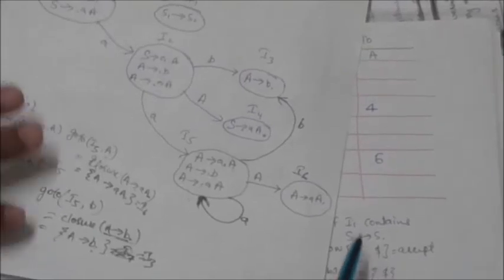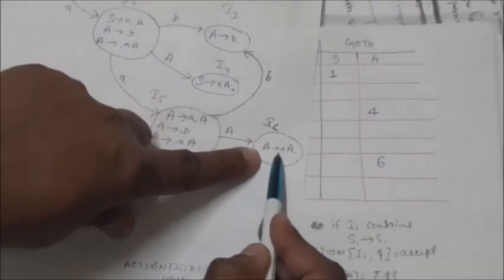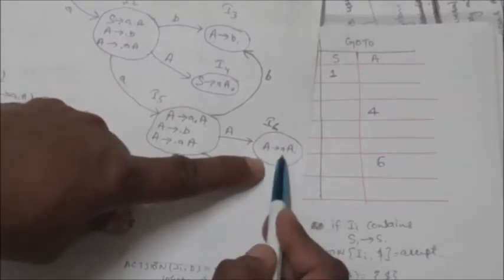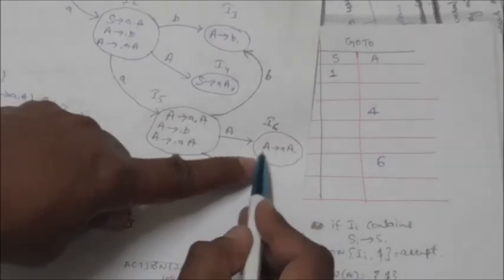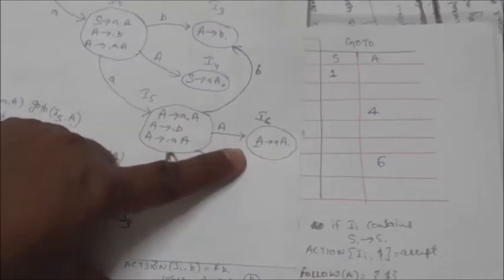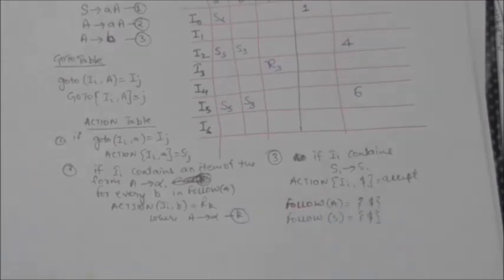Now see this state I6. In I6 also you can see that in this item the dot is at the rightmost position on the right side of the item. So in this case we have to find the follow of A. And what is the follow of A in this grammar? If you find it out, you will find that follow of A is dollar.